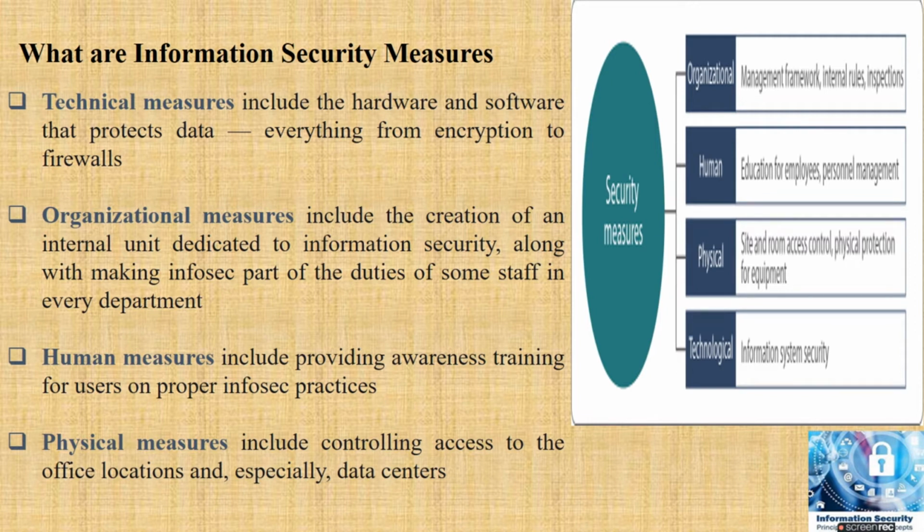The third one is the human measures, which is the most important one in my opinion, including providing awareness and training for your users on proper information security practices, telling and training your employees about cyber attacks and things like phishing.